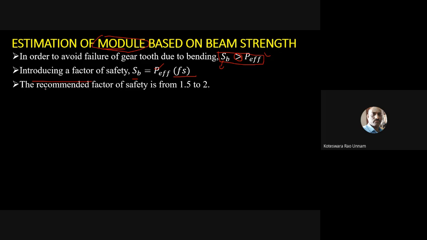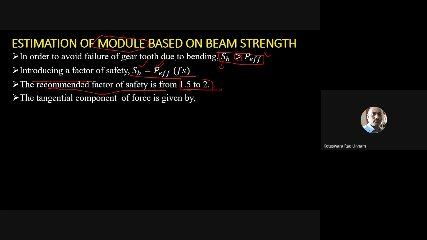Generally, the recommended factor of safety for a gear tooth is 1.5 to 2. So now, by substituting the SB value and P effective values, we'll find the expression for the module of a gear.